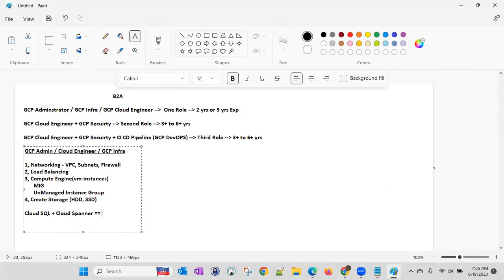MySQL, SQL Server, Oracle database, or NoSQL like MongoDB, Couchbase, Cassandra. Databases: creating, monitoring, and giving proper permissions to developers or users. That is very important. That comes under the fifth section.